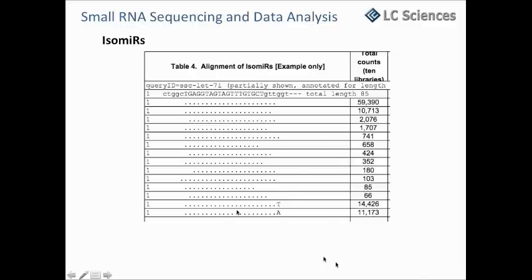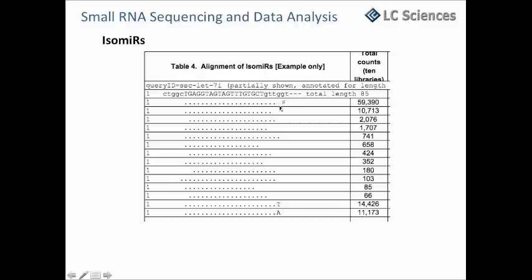It's typically the case that you have one particular form of microRNA sequence, which is listed in miRBase, which would be the first sequence here, with almost 60,000 counts or copy numbers measured. But besides this main dominant sequence, you still have other sequences, so-called isoforms.